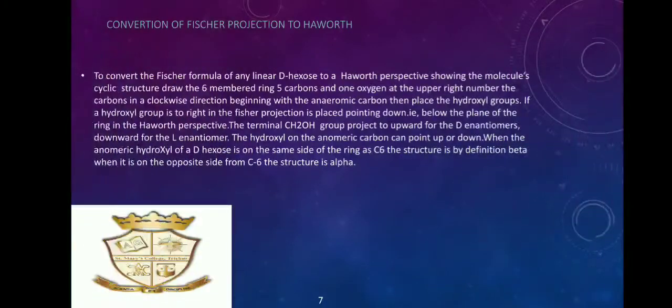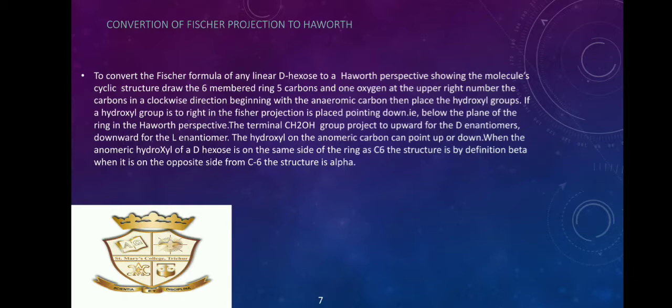There are some rules for conversion of Fischer's formula to Haworth formula. Let's see what the rules are. To convert the Fischer projection formula of any linear hexose to a Haworth perspective formula showing the molecular cyclic structure, draw the six-membered ring having 5 carbons and 1 oxygen at the upper right. Next, number the carbons in a clockwise direction beginning with the anomeric carbon and then place the hydroxyl groups.